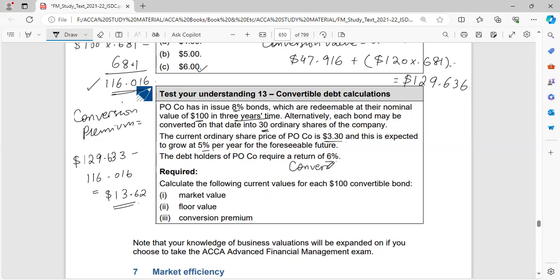To calculate market value, first of all, we need conversion value, where we are converting our loan note into shares. 30 into 3.3 into (1 plus growth rate) raised to power 3. So the conversion value is 114.60.